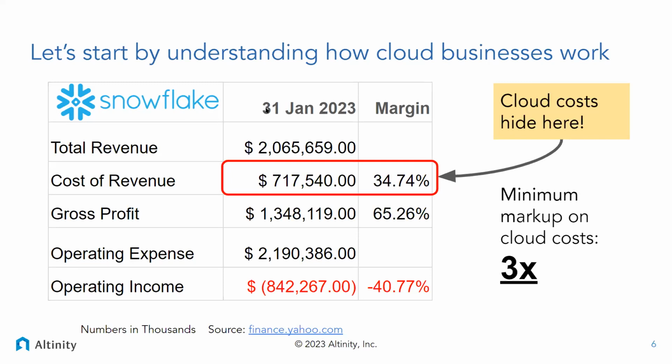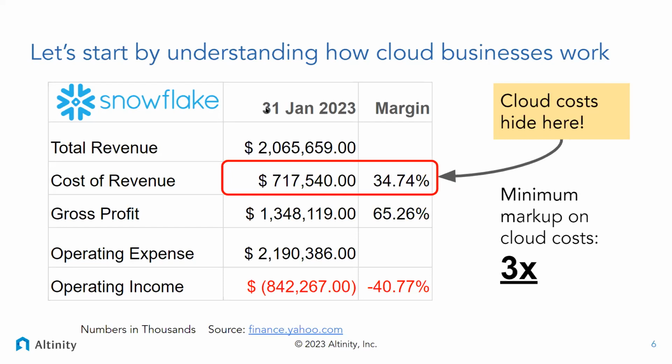They include things like paying SREs. They include hiring other services that are necessary to make the whole service work completely. So in fact, the markup on their cost is about 5x on average.